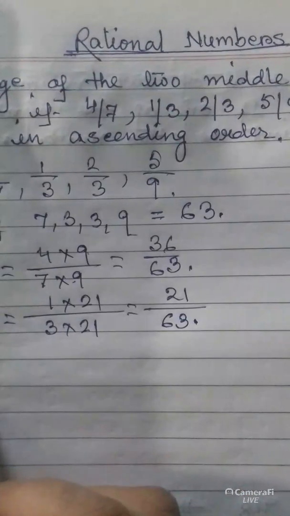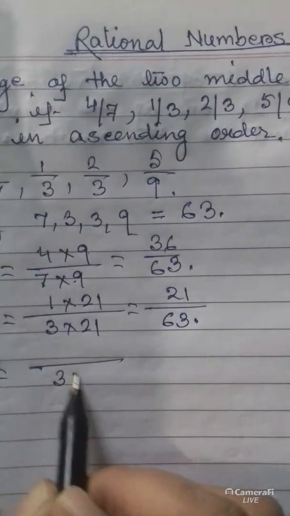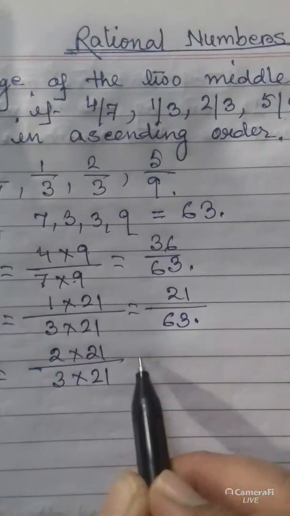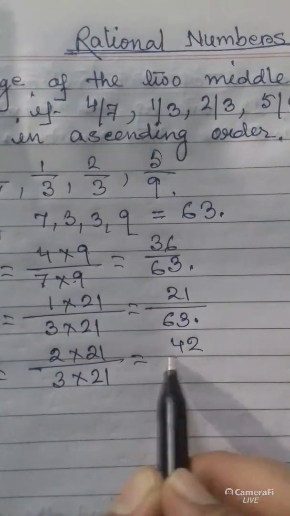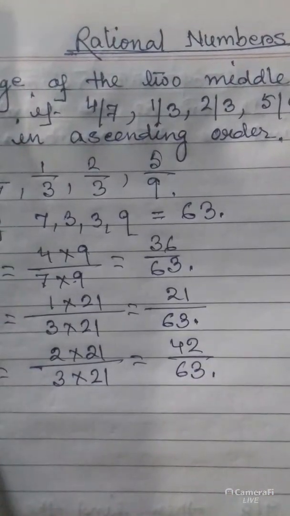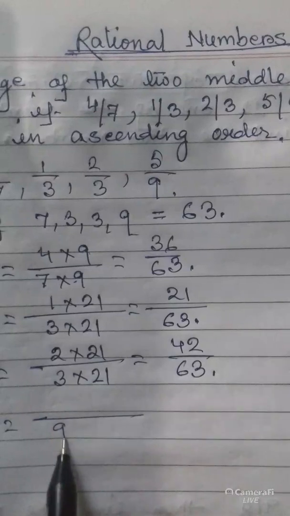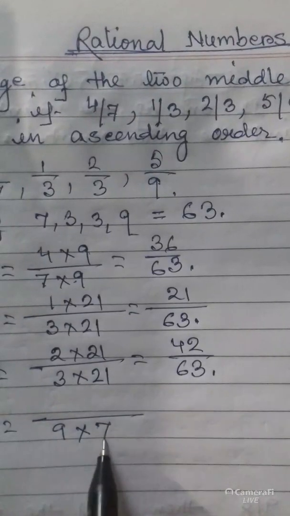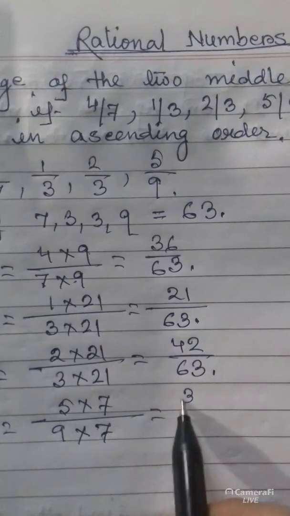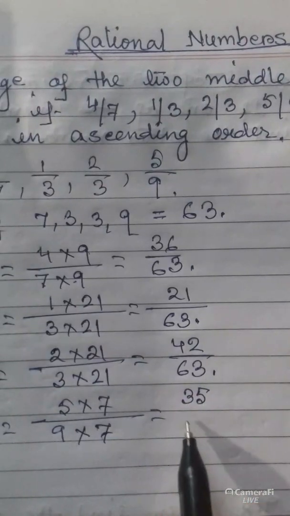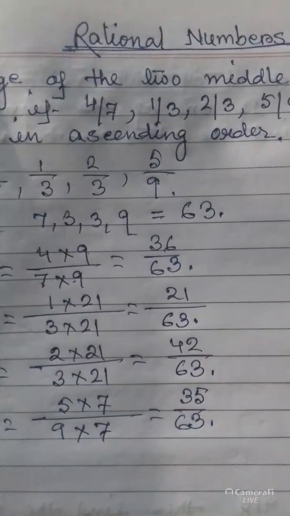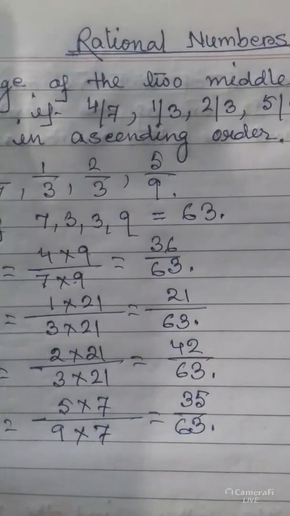Now 2/3: 3 multiplied by 21 and 2 also multiplied by 21, so 42/63. And the last number 5/9: 9 multiplied by 7 and 5 also multiplied by 7, 5 into 7 is 35, so 35/63.